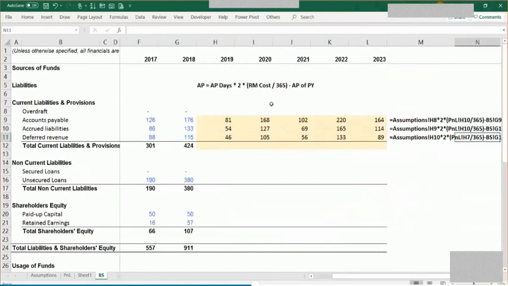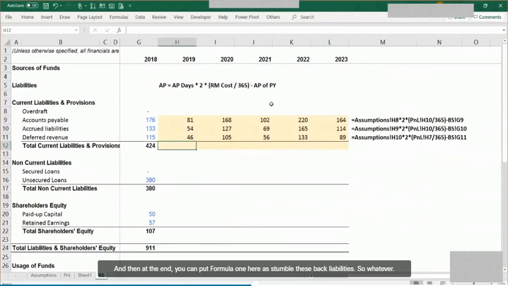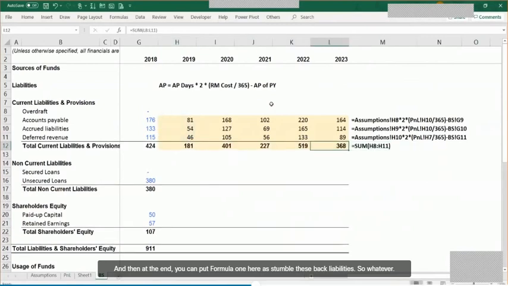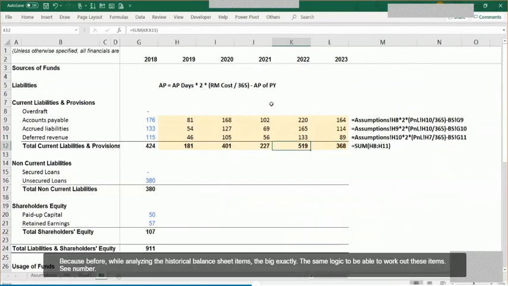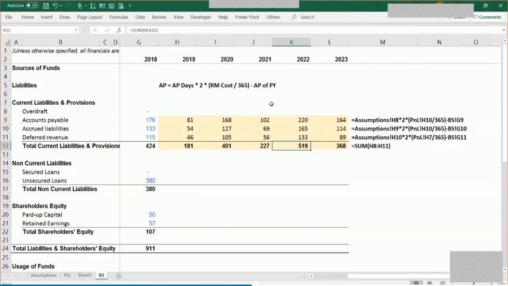And then at the end, you can put the total formula over here as sum of these items. And that completes the current liabilities part. So whatever logic we discussed before, while analyzing the historical balance sheet items, we have picked exactly the same logic to be able to work out these items in our balance sheet.